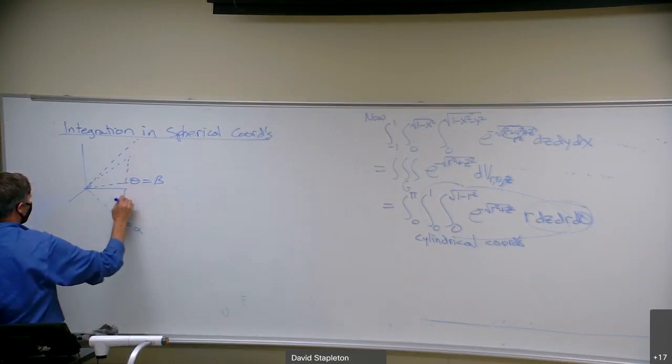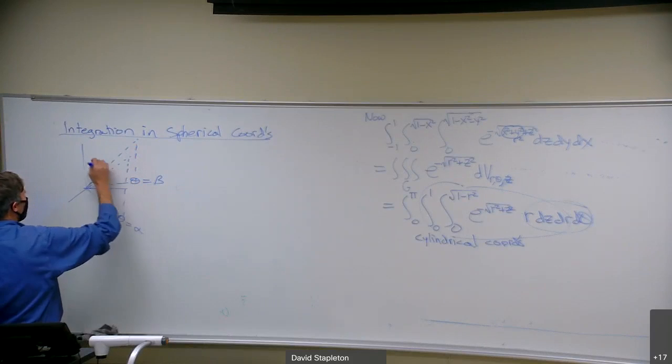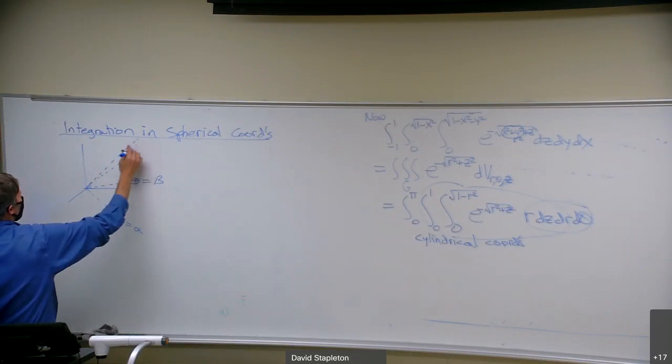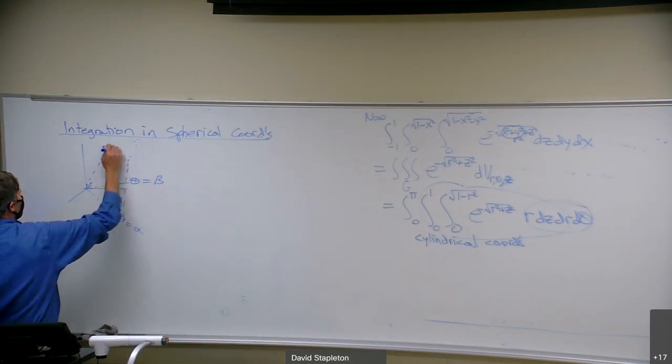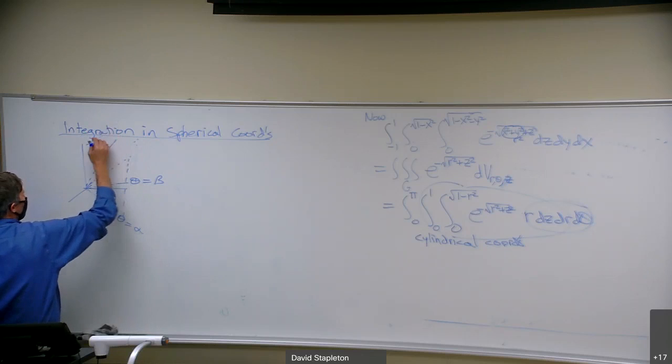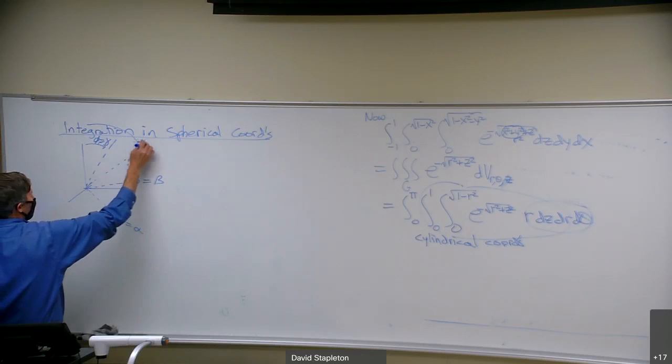So over this, you put the restriction that phi goes between phi equals gamma and phi equals delta.